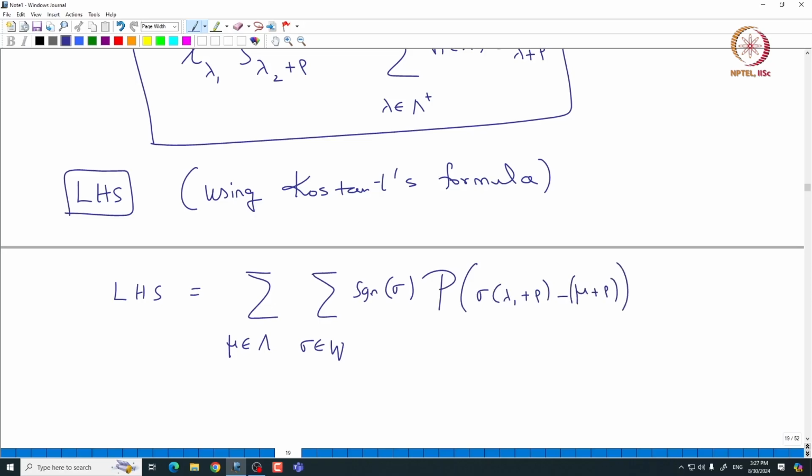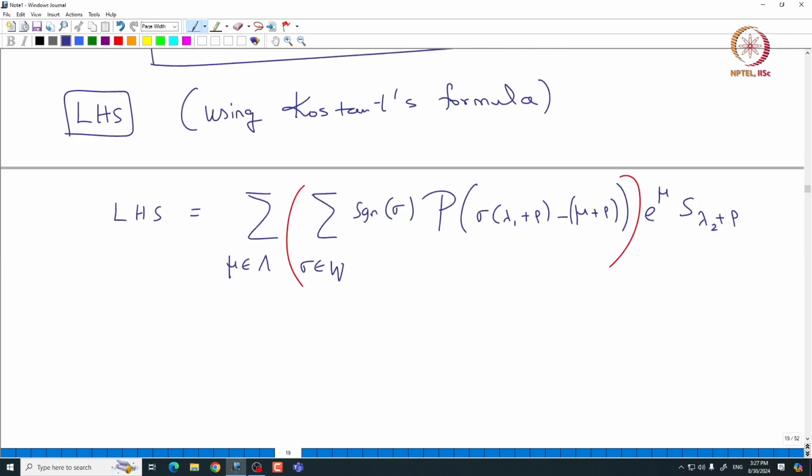This part is what gives the multiplicity, times e power mu, and then we keep S lambda 2 plus rho as it is.